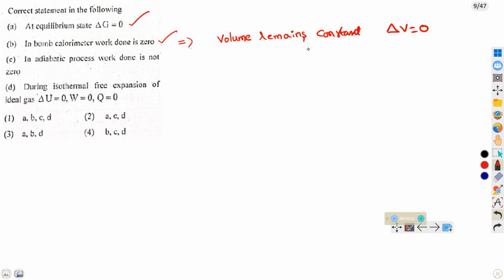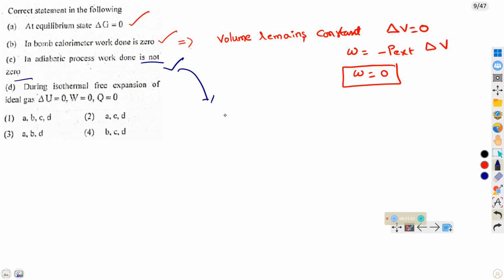Work done formula, W is equals to minus P external into delta V. Delta V value is equals to 0. Then work done is equals to 0. In adiabatic process, work done is not 0. Yes, this is also correct. Because in adiabatic process, no heat exchange.